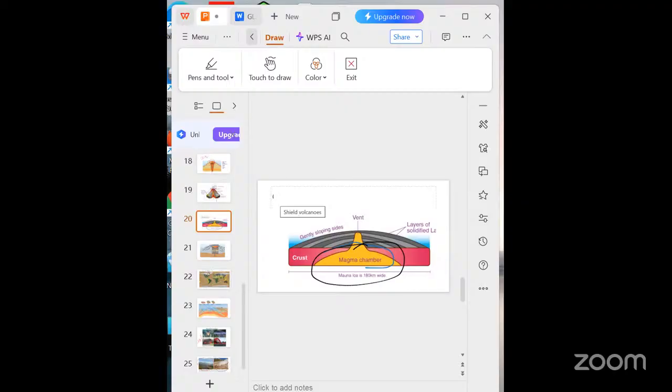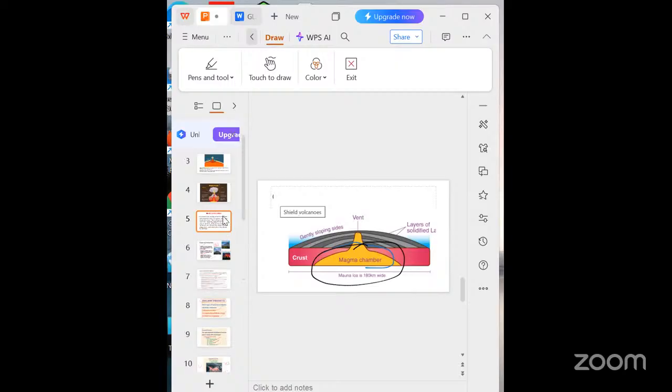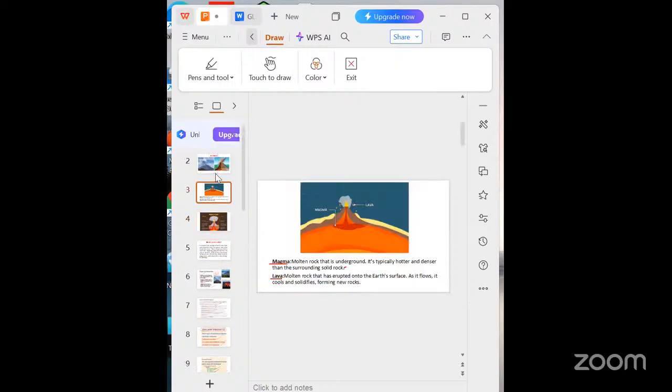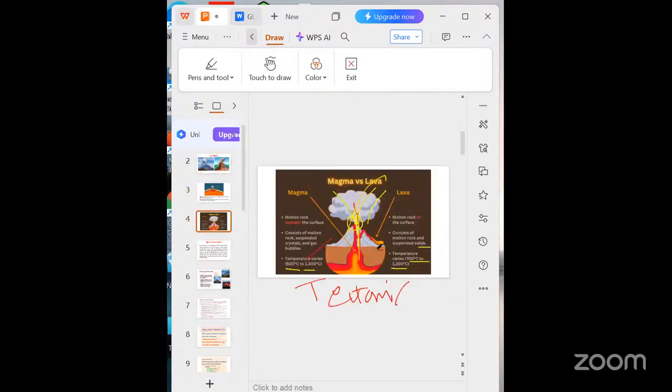And lateral vents are found on the sides of some volcanoes where lava is erupted, sorry, extruded.